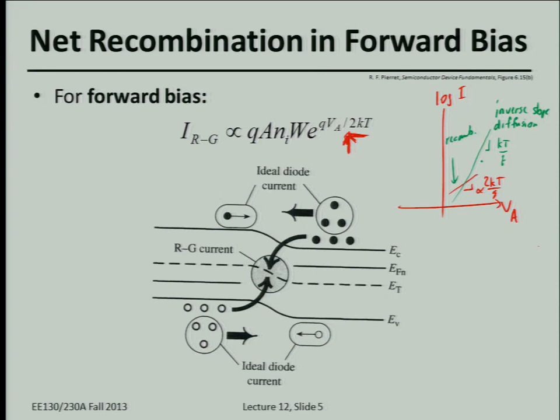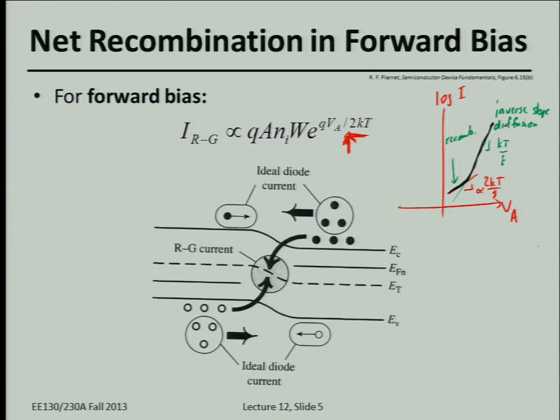Eventually, the rate at which the diffusion current increases with voltage overtakes that. So at some point the current that flows in the diode under forward bias is dominated by diffusion, in this region. So the total measured curve, let's draw it in black, looks something like that.